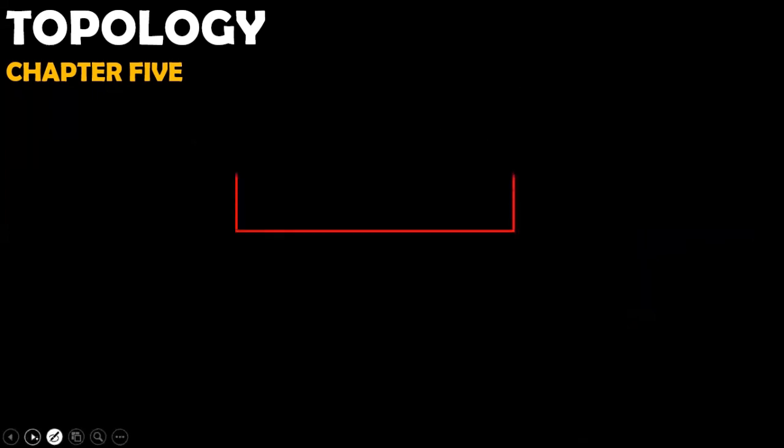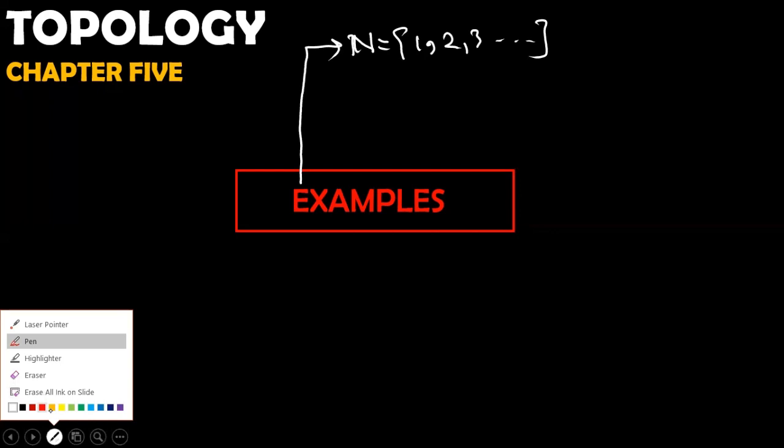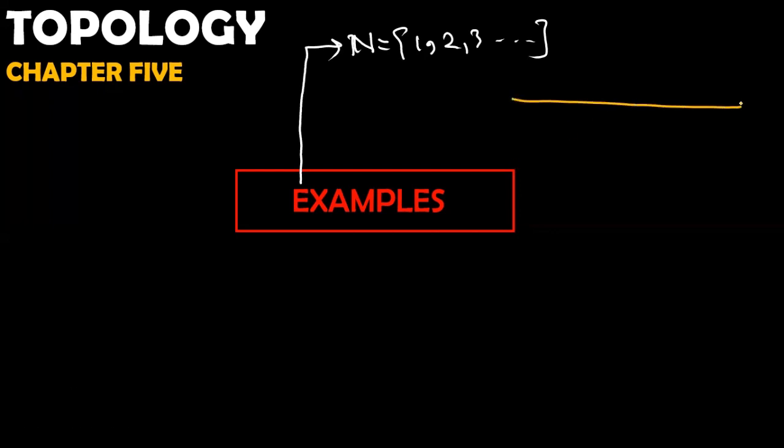Okay, so the next thing is examples. Examples of neighborhood are very, very important. The first example is the set of natural numbers. The set of natural numbers, as you know, starts from 1, 2, and 3, and so on. Is it possible to find a neighborhood of it? I draw it for you: 1, 2, 3, and 4, the series goes on.